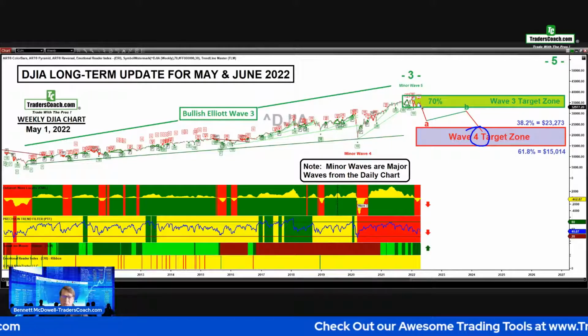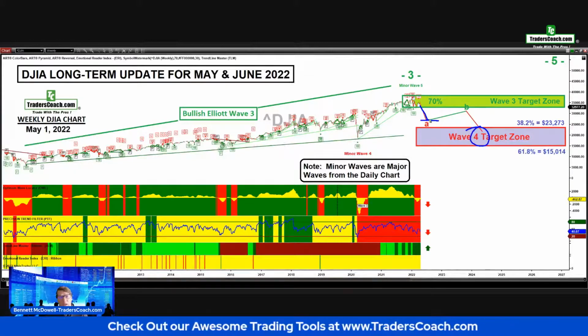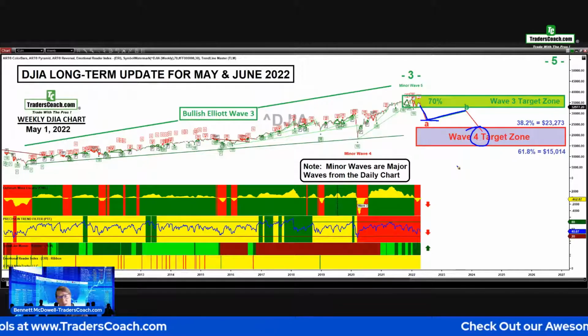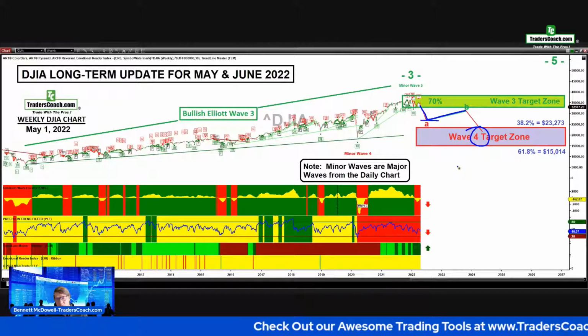And also, after A wave is done, after this thrust down is done, then we're going to have a lengthy bullish B wave. And B wave fools a lot of people. A lot of people think the correction's over, and then something happens after B wave to cause the market to decline once again.